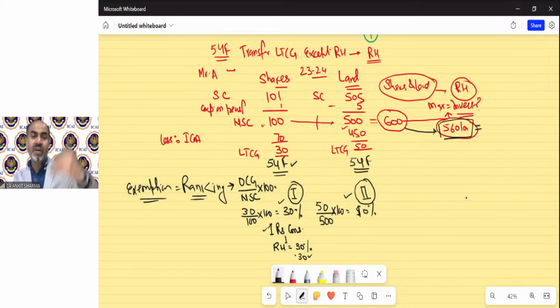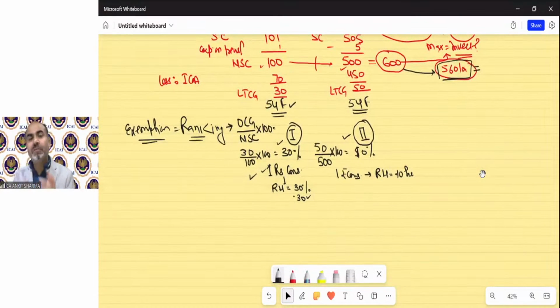So if you will invest 100 rupees of shares consideration into residential house, you will get 30 rupees exemption. But if you will invest 1 rupee consideration of land in residential house, you will get only 10 paisa exemption. So who will be given the priority? Of course, who will have the higher percentage is going to be provided the exemption first.